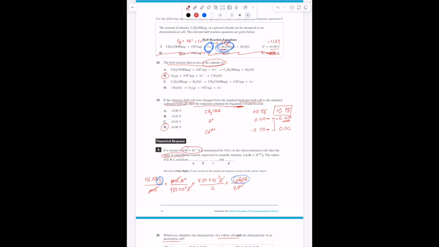Next thing I have to cancel is seconds, and they gave me, that's nice, 10.0 seconds, which is over 1. I think that's everything, because now seconds are gone, no leftovers. Okay, I punch that into the calculator, and I get 4.78 times 10 to the negative 6. So 4, 7, 8, 6. Okay, that's it for that one.